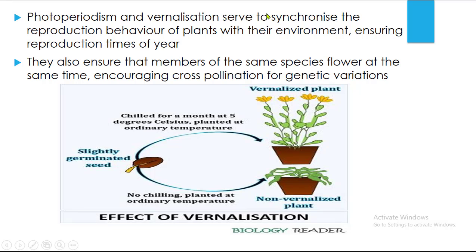photoperiodism and vernalization serve to synchronize the reproductive behavior of plants with their environment, ensuring reproduction at the right times of year. We already discussed in photoperiodism that long day plants and short day plants have specific seasons in which flowering is stimulated.